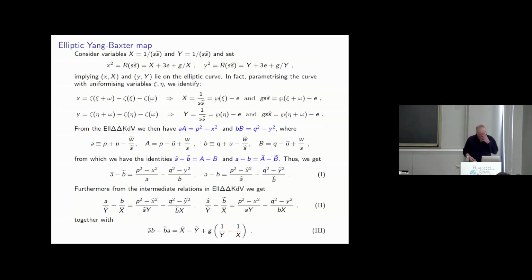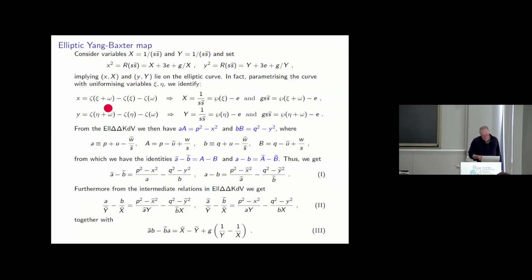Okay, and then you can also construct what you can call an elliptic Yang-Baxter map, and that is again using the system. In the curve relation, you have these combinations of 1 over S S tilde, 1 over S S hat that appear, and that invites you to parameterize this curve relation in this particular way, where you again introduce some uniformizing variables associated with these coordinates x, capital X and little x, which are once again on the same elliptic curve.